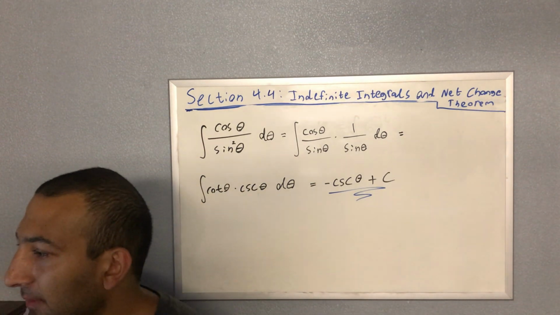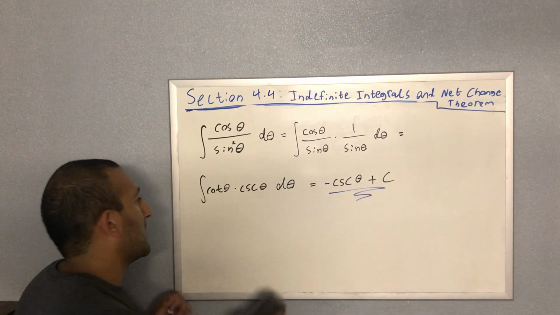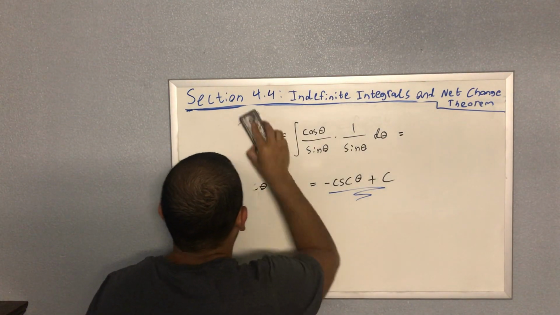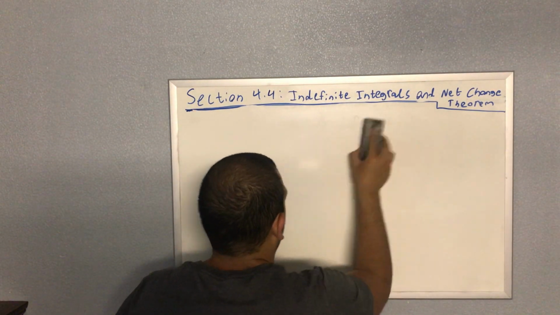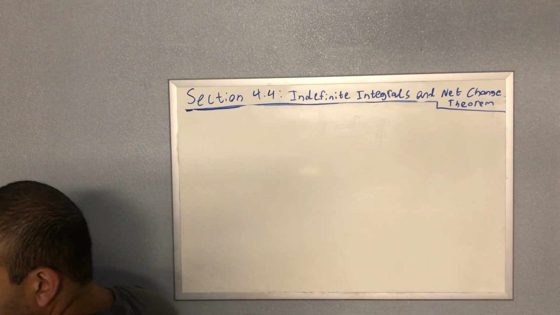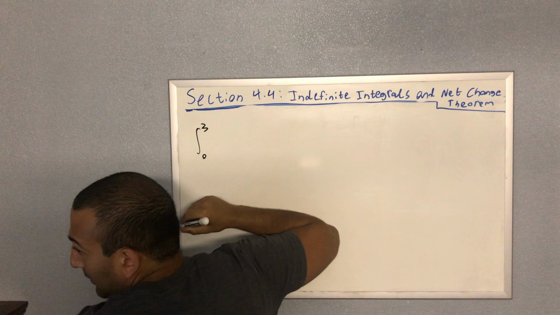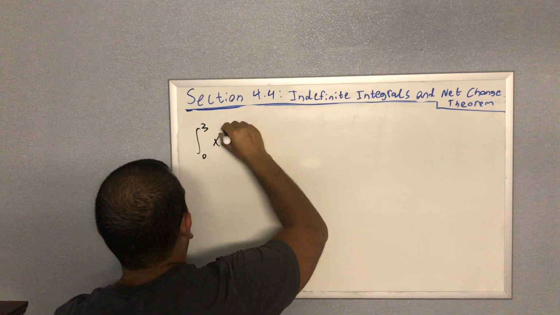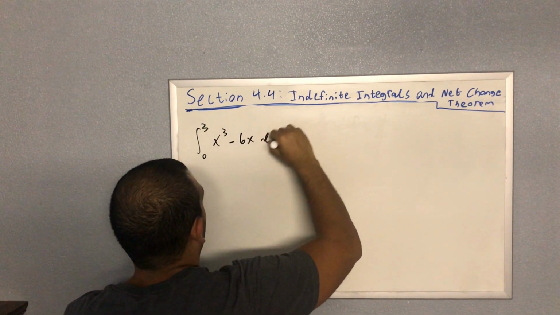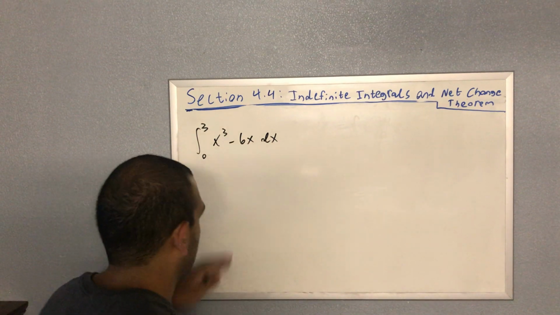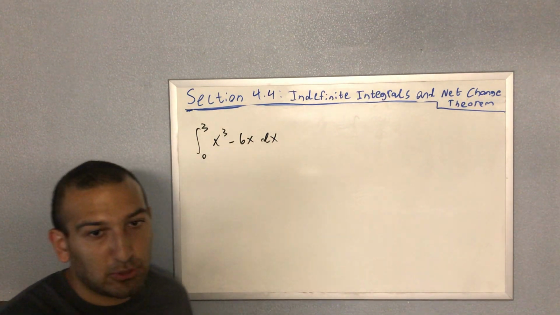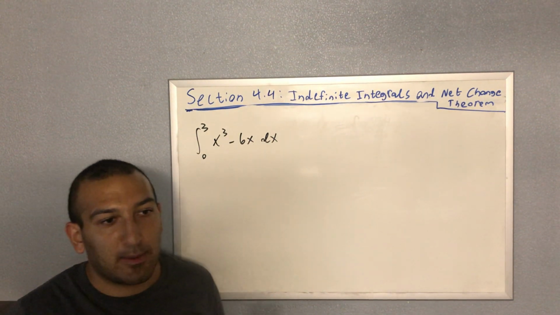And now let's actually find a definite integral. Let's actually find an area. And remember, we actually did this. This was an example where we used Riemann sums and we got an answer.